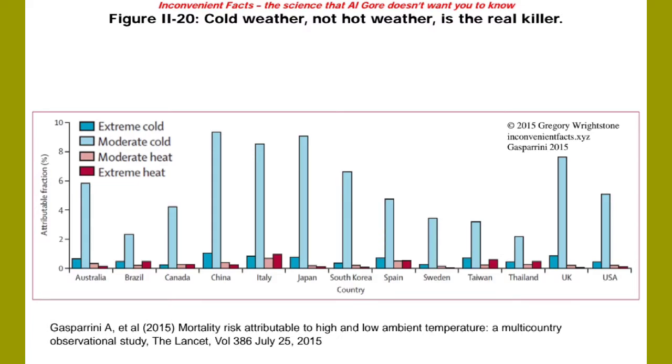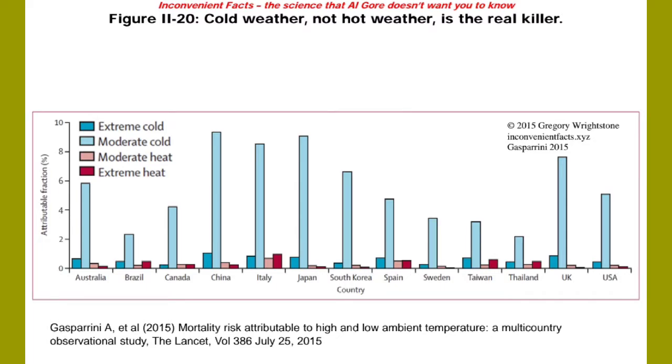Extreme heat and extreme cold are not necessarily killing as many people, but I think there is slightly more of the extreme cold that's killing than the red. Now, one little caveat here: there are spikes in extreme hot temperatures that do end up killing a lot of people across the globe.